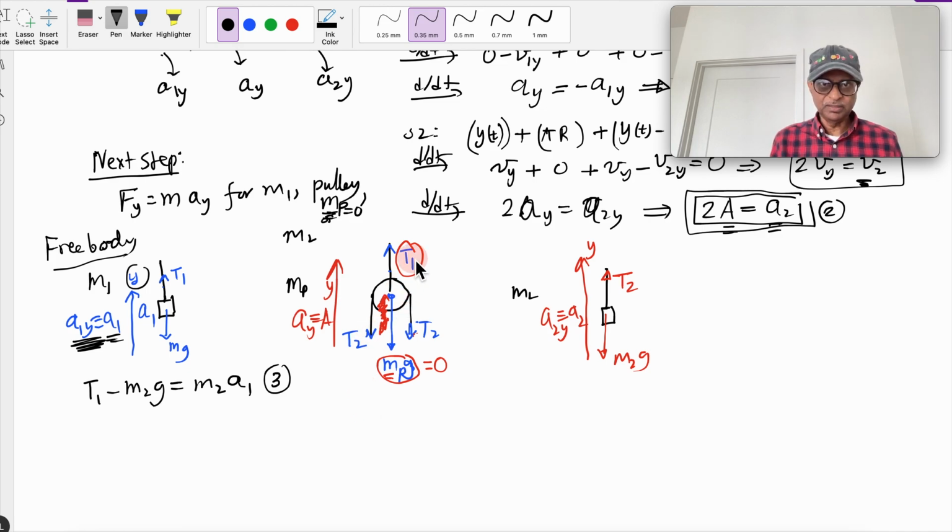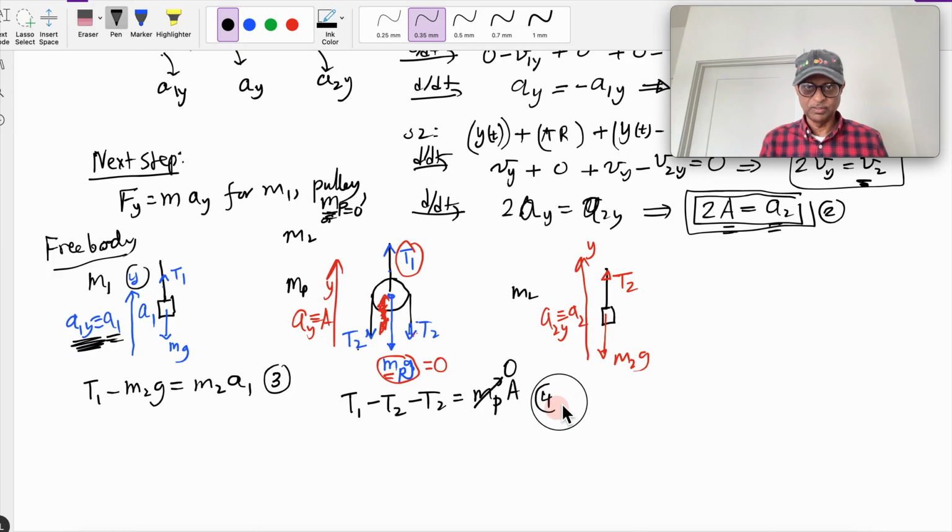This one will be T1 positive, so T1 minus T2 minus T2, this is 0, equals M_P times its acceleration, but this is 0. So this is equation number 4. This guy is again y-axis that way. So T2 minus M2g equals M2 A2y, but that's A2 we're writing.